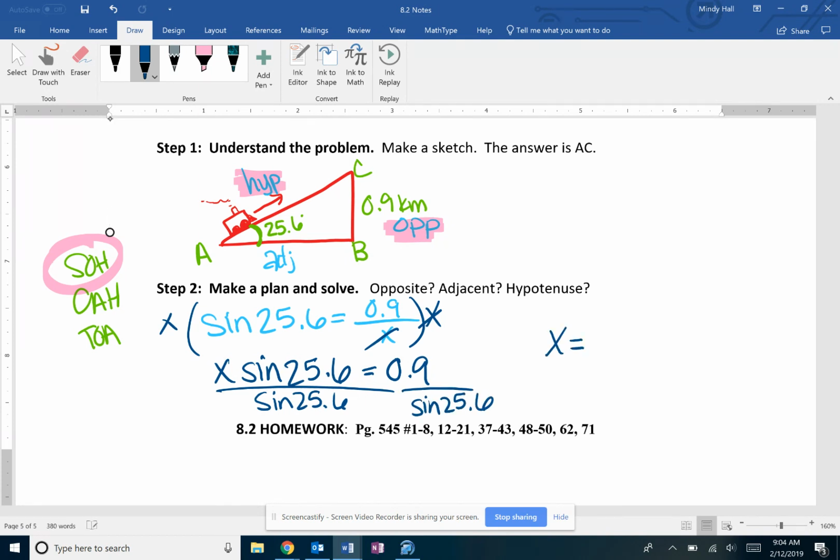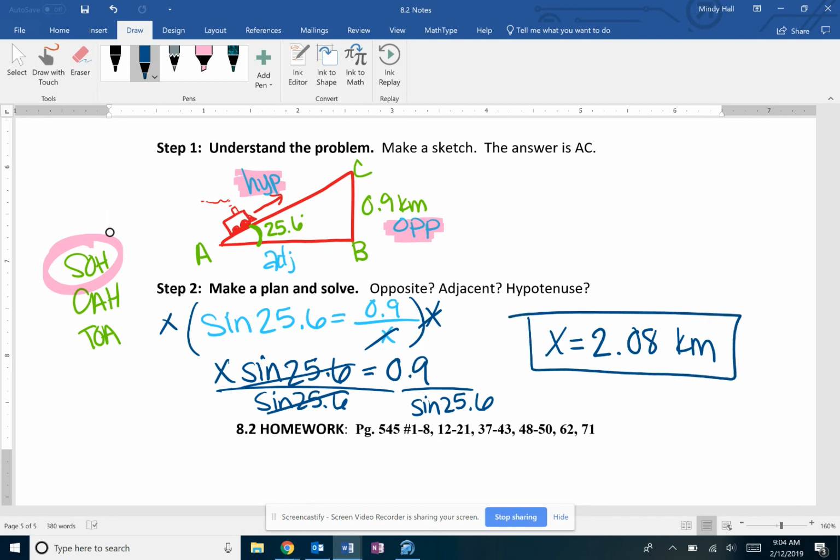So then x equals 0.9 divided by sine of 25.6 equals 2.082. So we'll just do 2.08, and this is kilometers. And that is the final answer. So just think, in just under a kilometer, it rises just over 2 kilometers.